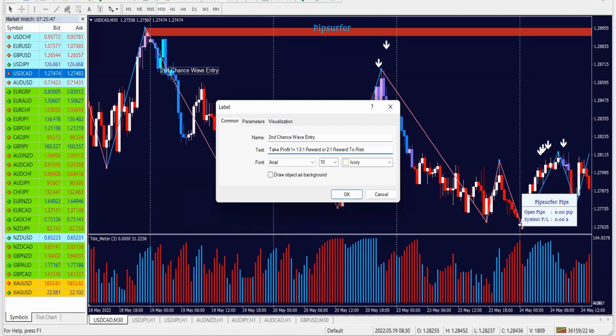You want to get at least that before you start taking profit, because if you're taking profit before your risk is covered, your stop loss is covered, what you're actually creating is a negative reward to risk.